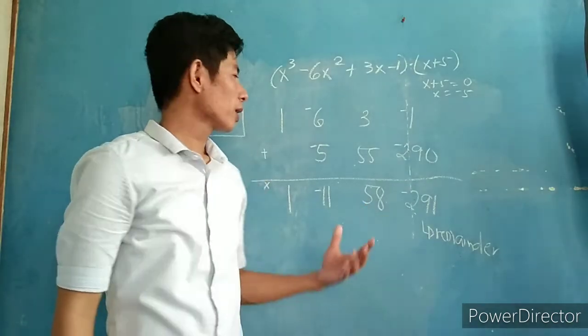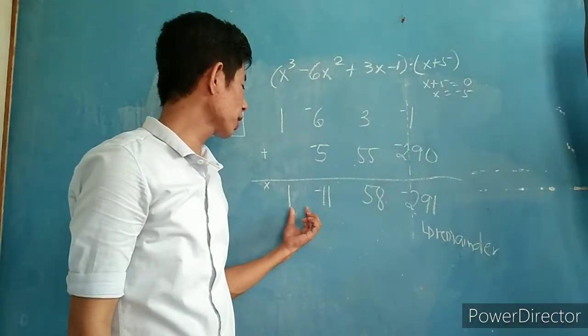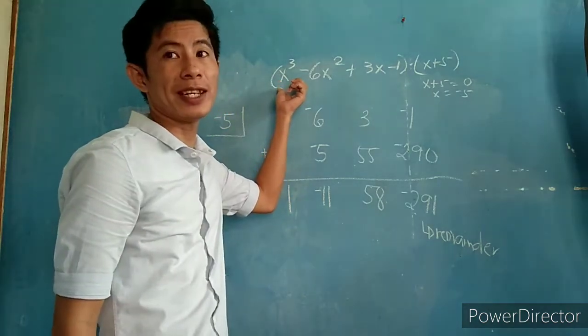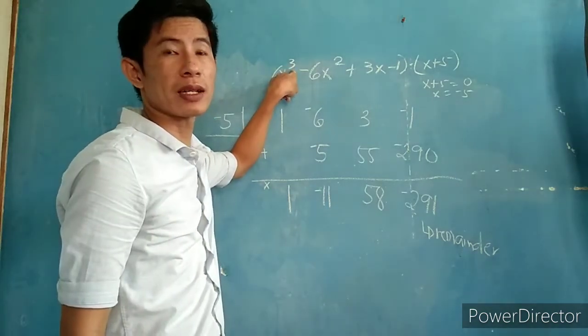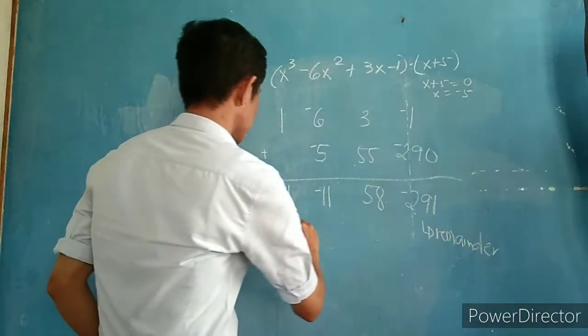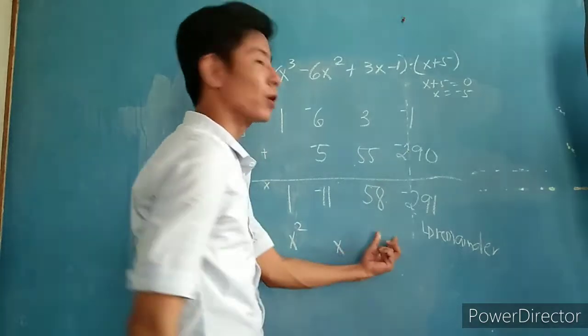But take note that the power of our quotient is 1 less than that of our dividend. For example, our dividend has power 3, so our quotient must have power 2. So this is x squared, this is for x, and this is for the constant.